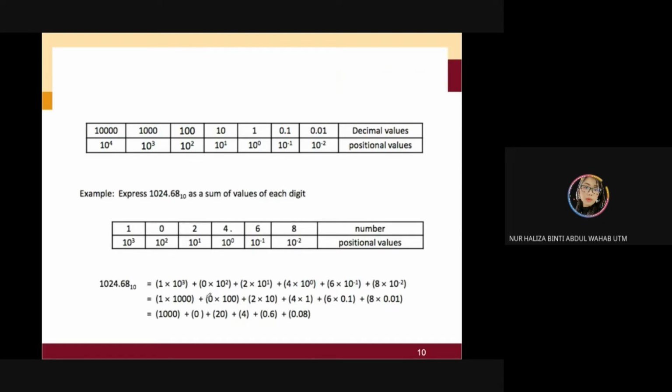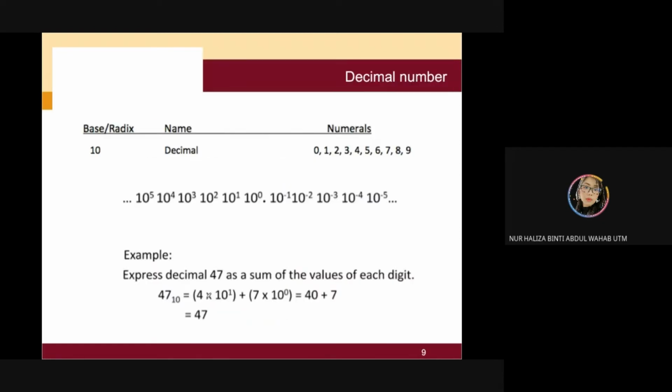Okay. This is a different example. This one is the expression of 47 decimal, you're going to see similar to what I already showed you. On your right, it will be 10 to the power of minus 1, 10 to the power of minus 2, 10 to the power of minus 3. See, please make sure that your 0 starts on your right: 0, 1, 2, 3, and so on for the positive powers.